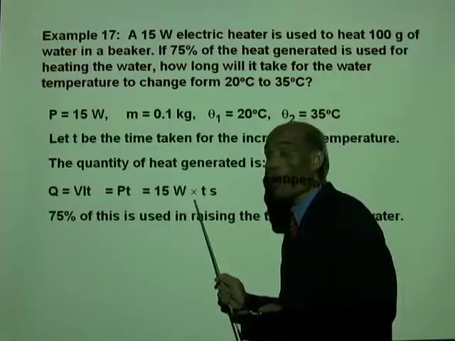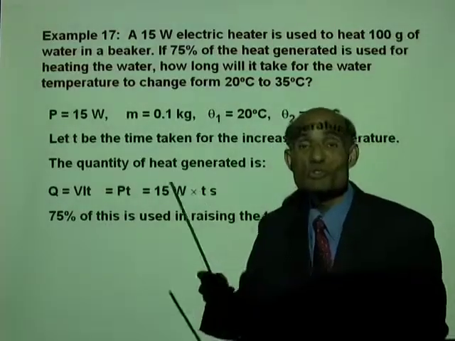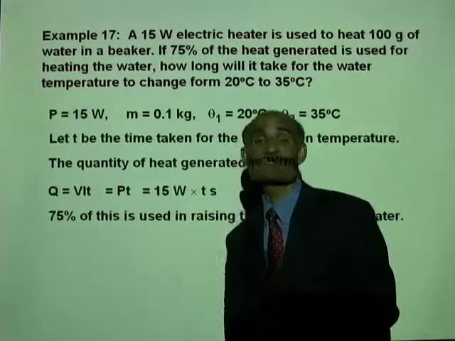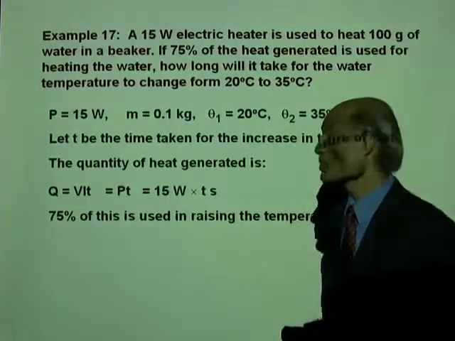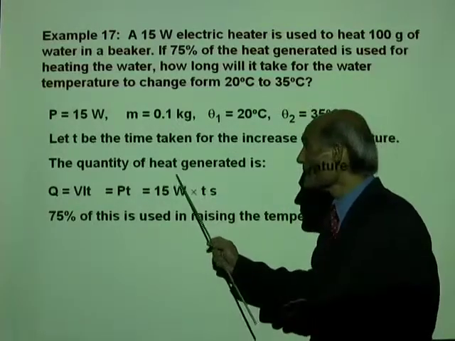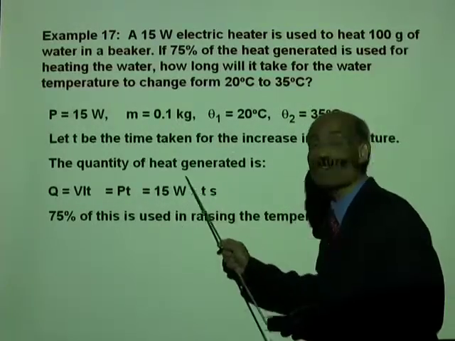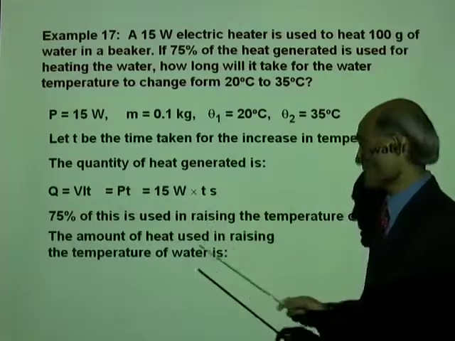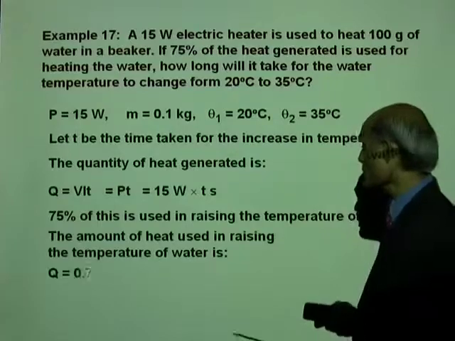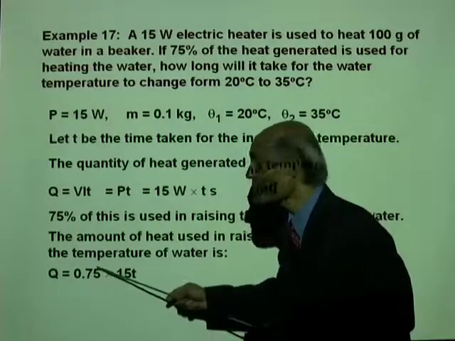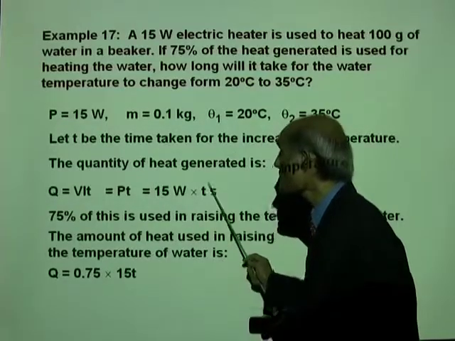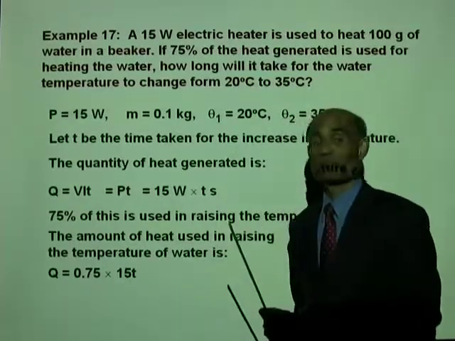Now, not all this energy is used by water. Only 75% of this is used by water. So what is the amount of heat actually used by water? Is 75% of this quantity. The amount of heat used in raising the temperature of water is 0.75 times 15T. 75% of 15T.